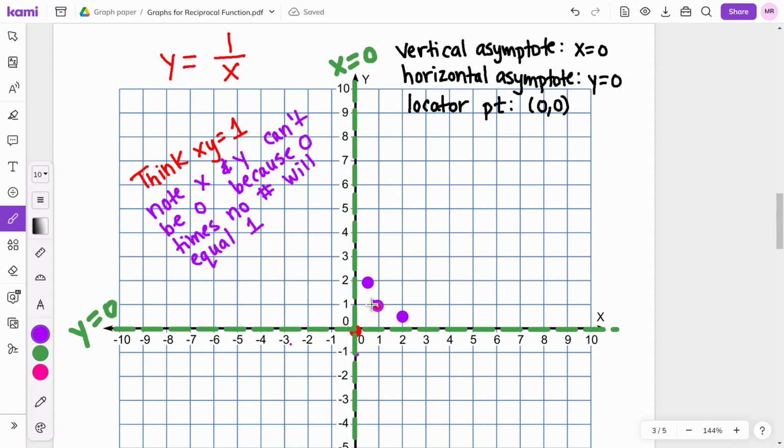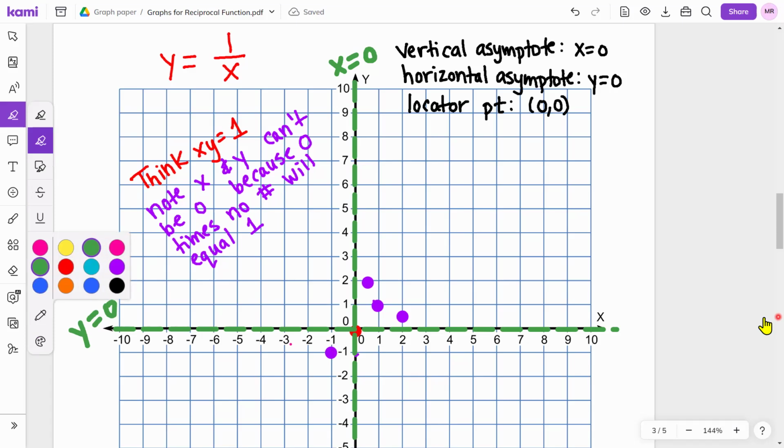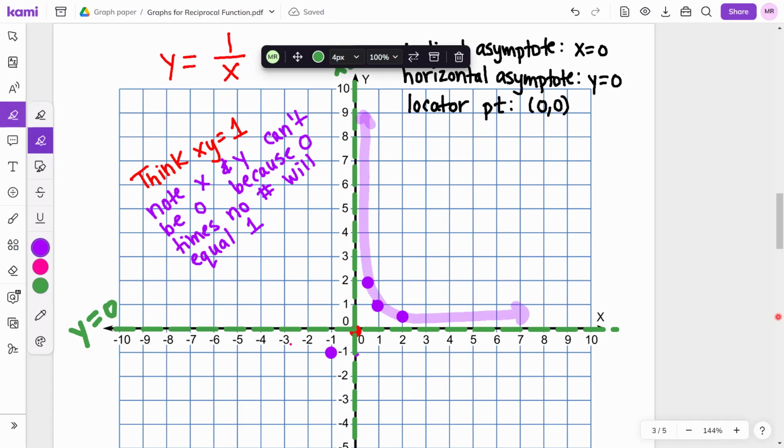But the only one I'm really going to expect from you guys is 1, 1. And -1, -1, because a -1 times a -1 is also a 1. And then we're going to draw our graph, and we're done. So again, if we have a 1 on top, I am only going to really need 2 points. 1, 1, -1, -1.